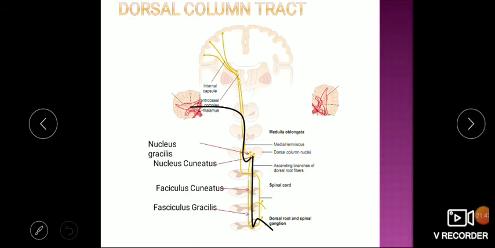So from the dorsal column tract some branches go to the cerebellum, but some authors label them separately as the spinocerebellar tract. The cerebellum is a very important center for body position. It is a motor coordination center. It receives the body position and, based on that, decides what actions to be done. So the proprioception function is basically the function of the spinocerebellar tract. Some authors label it as a separate tract and some as a function of the dorsal column tract only.